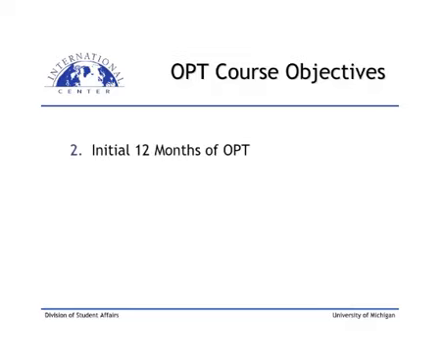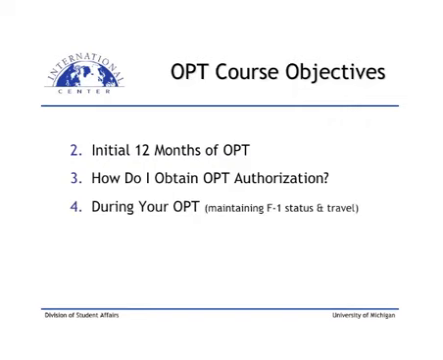The next section will give you important information about your initial 12 months of optional practical training. Following that, you will learn about the OPT application process. After that, you will learn the immigration laws you must follow in order to maintain your F1 status while on OPT.